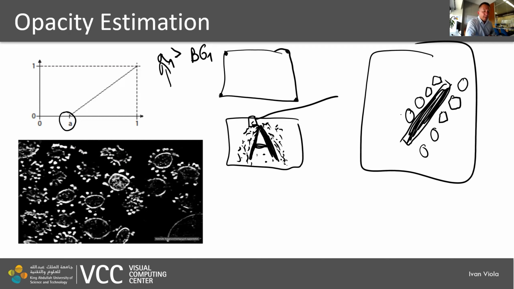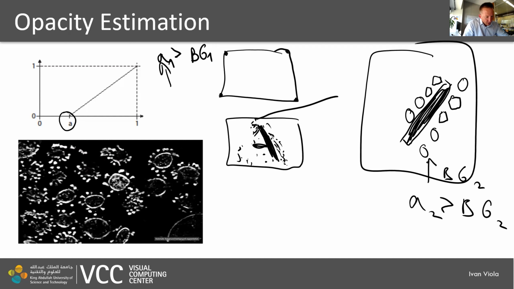We again create the background estimation values BG2, average them, and generate the threshold A2, which is bigger than the average of BG2. With this, we are more and more getting rid of the noise.